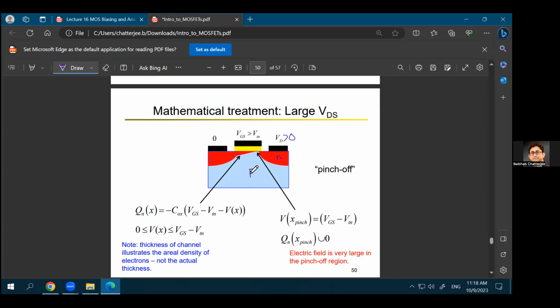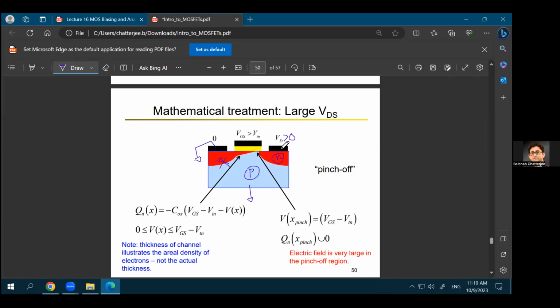The source is grounded, and the bulk is also grounded because you do not want a forward bias current to flow from the bulk to the source. So as you're applying a positive VDS, your PN junction on the drain side becomes reverse biased.